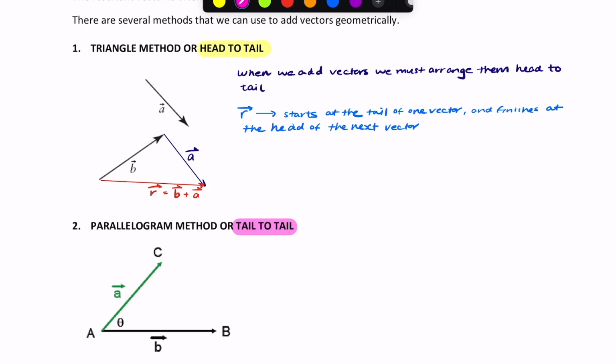Here we see that we're provided with an angle theta, which is the angle between vector A and vector B. And we see that vector A and vector B are tail to tail.